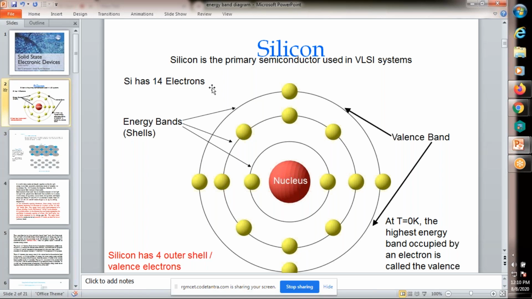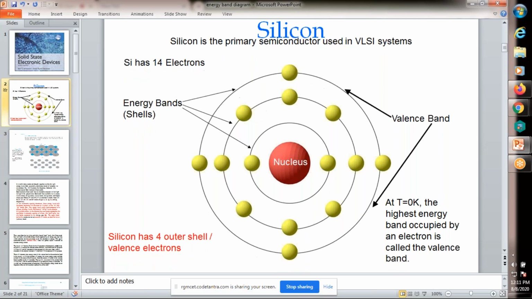Silicon has 14 electrons. At 0 degrees, the highest energy band occupied by an electron is called the valence band. This outermost electron is called the valence band electron. Here these are the valence electrons, and the gap in between is called the valence band.